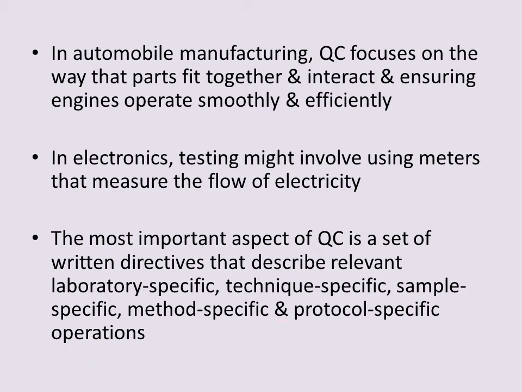So another most important part of quality control is that we must have the directives in written form, and these must be relevant to the laboratory, the technique, the sample, the method and protocol, describing how the operations of these things will be performed. So these directives must be available.